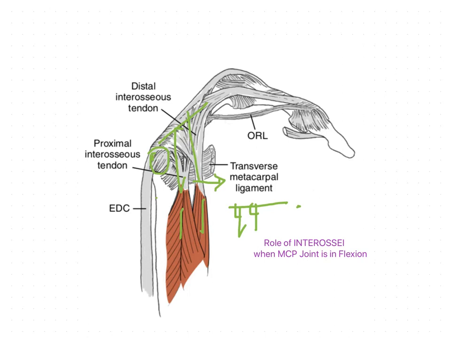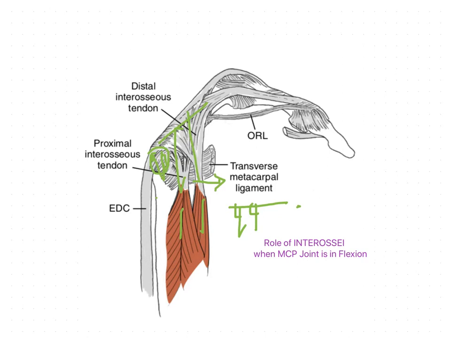So MCP abduction and adduction are completely restricted by these tight collateral ligaments, by the shape of the condyles of the metacarpal head, and by the inability of the interossei muscle to shorten enough to produce both flexion and deviation.